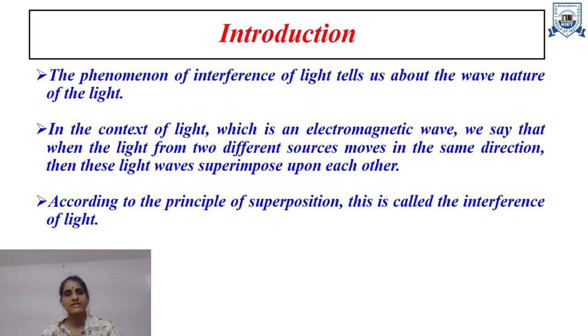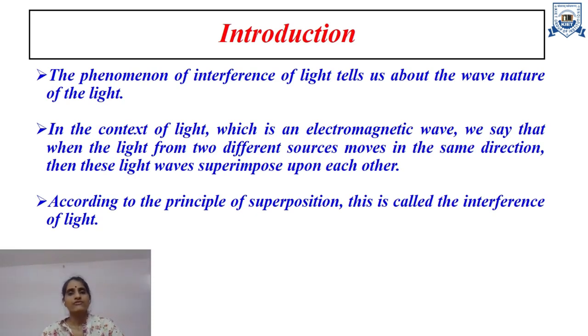So interference, diffraction, and polarization tell us about the wave nature of light, whereas the photoelectric effect, Compton effect, and black body radiation tell us about the particle nature of light. So today we are going to learn about the wave nature of light through interference.